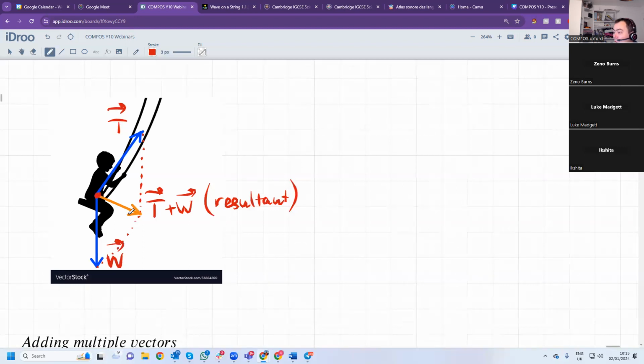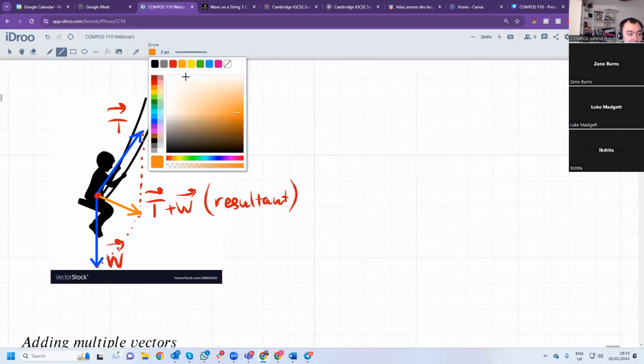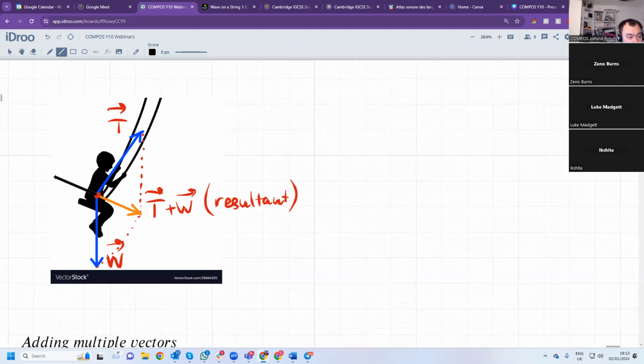Well, can you give me an example? What would the other force be? Let's say the child's mother is holding the child and pulling that way. Let's call it M, the force of the mother.